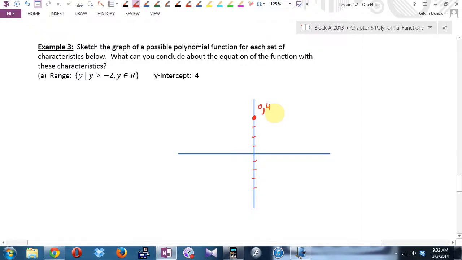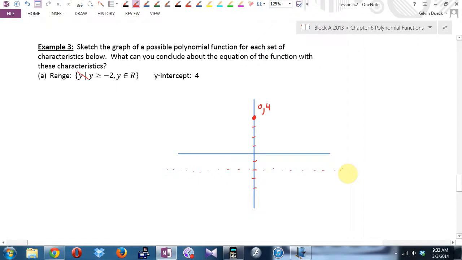What else have they told me? Well, they've told me the range. It says y is bigger than or touching -2. So there's -2. It's everything above that.